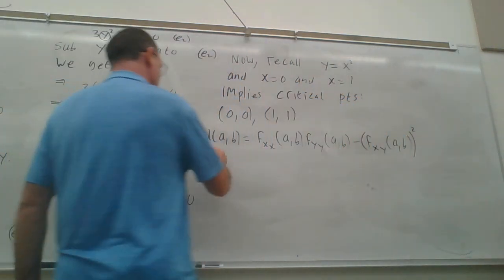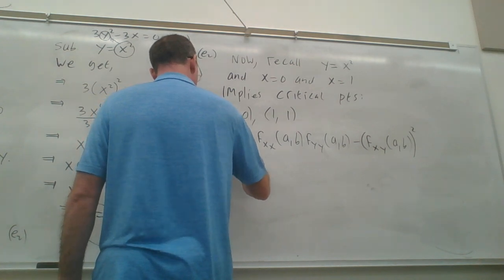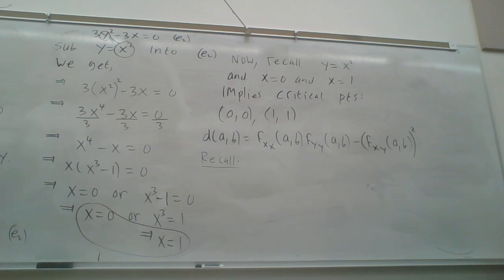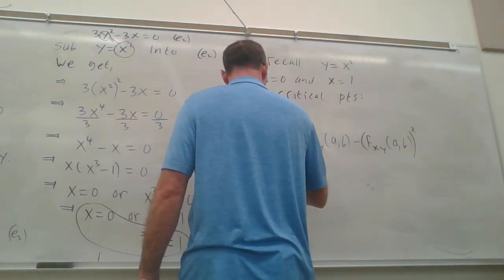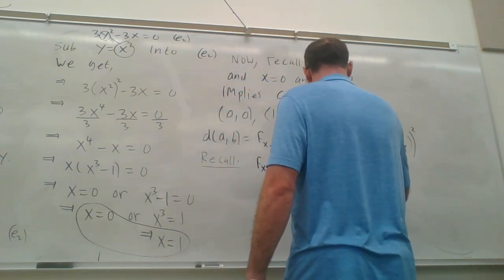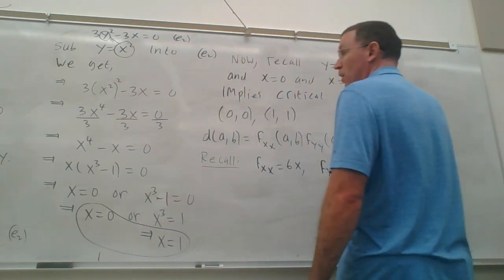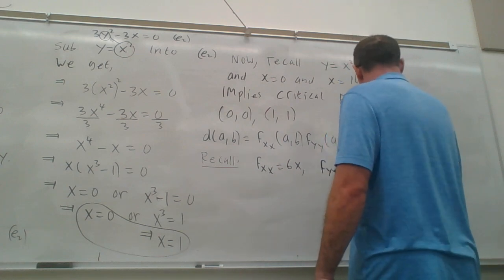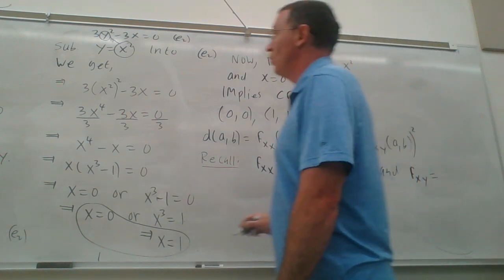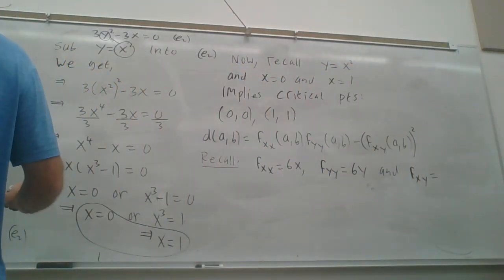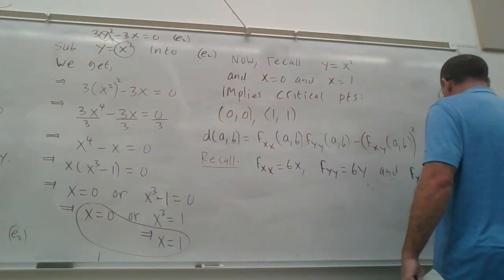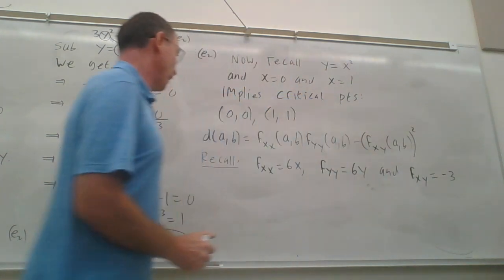Okay, so recall we found that f double x was 6x, f double y was 6y, and fxy was, I erased it, but it was minus 3. All right, so let's figure out these things.